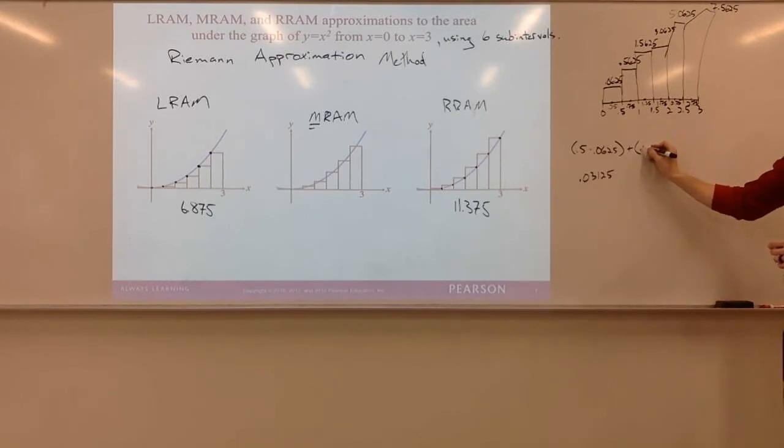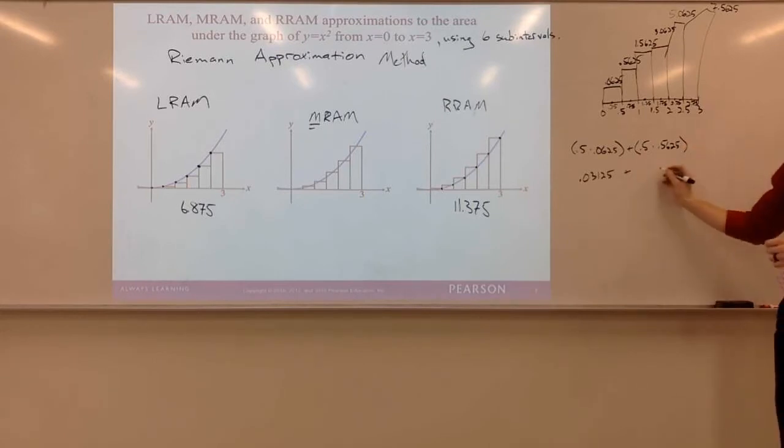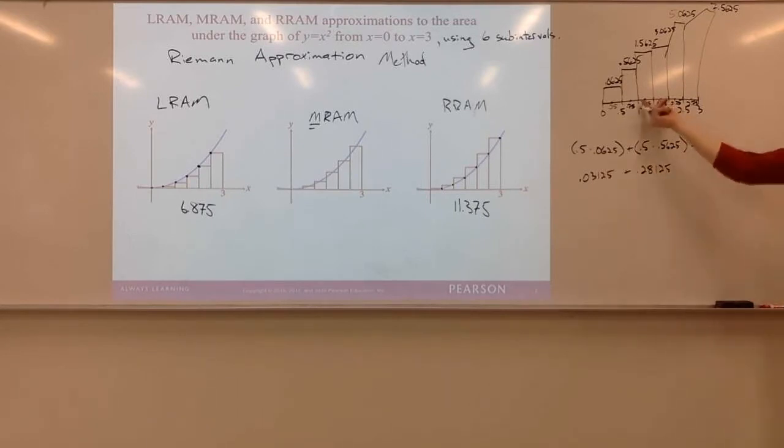The next one is 0.5 times 0.5625, which is 0.28125. Okay, then the next one is 0.5 times 1.5625, which is 0.78125.